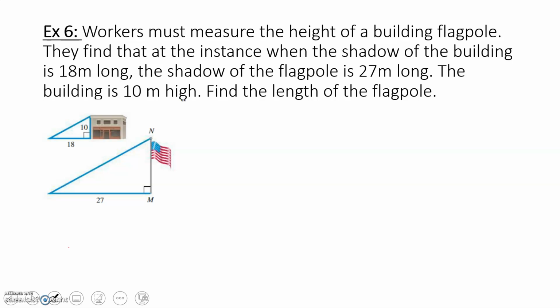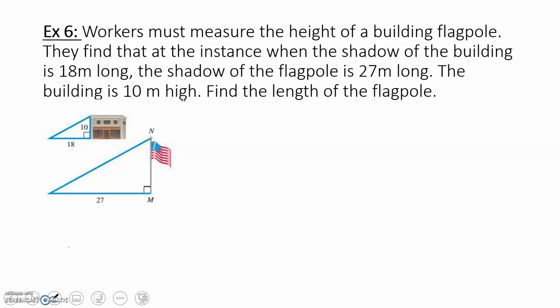Okay. So first of all, you have to understand how shadows are created. Shadows are created by the sun beaming down at an angle at an object, and that part of the building that's blocked from the sun creates a shadow.